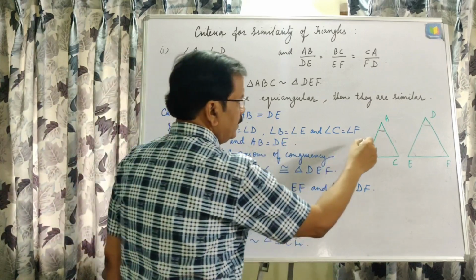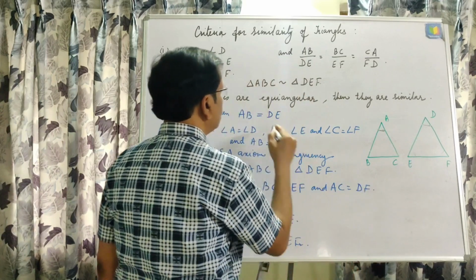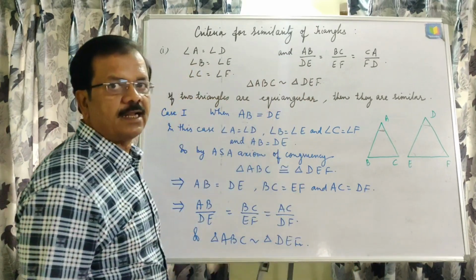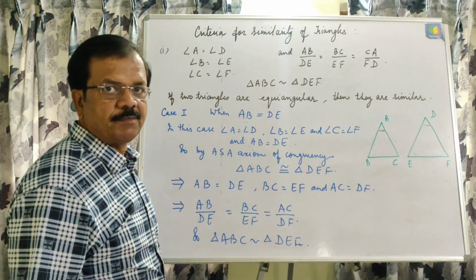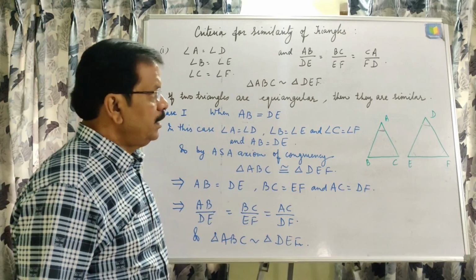Now we know that these two angles are equal, corresponding angles are equal, because we are given that the triangles are equiangular. This has a meaning that all corresponding angles of both the triangles are equal.